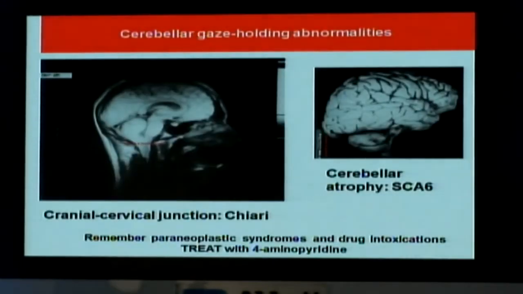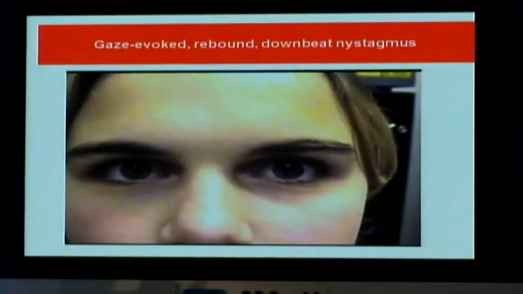You're doing great. Just keep your eyes over there. Now look at the camera. And a strong rebound. Okay. Gaze-evoked nystagmus, a slight downbeat component, and what we call rebound nystagmus. Let's look at that one more time.